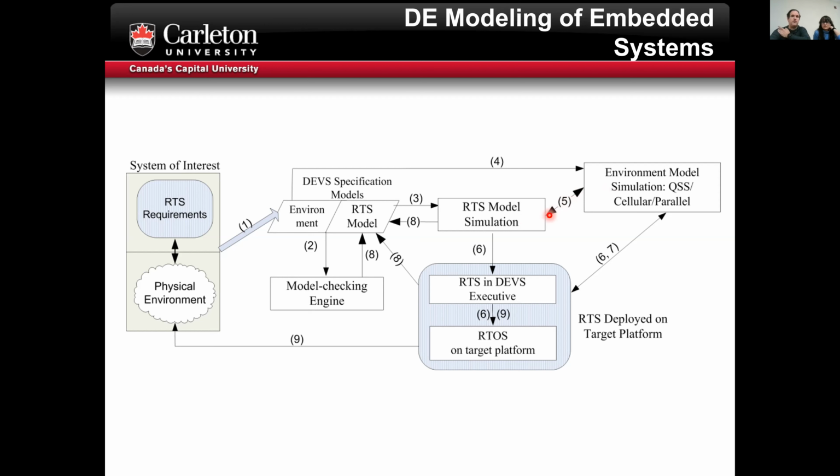If in this process we find issues, we go back to the original model and we work on the model, and we can do a spiral or even tornado development life cycle, which completes in the last step when we grab the same model and download it into different kinds of DEVS executives that run on a variety of target platforms, using different real-time operating systems or running on bare hardware.